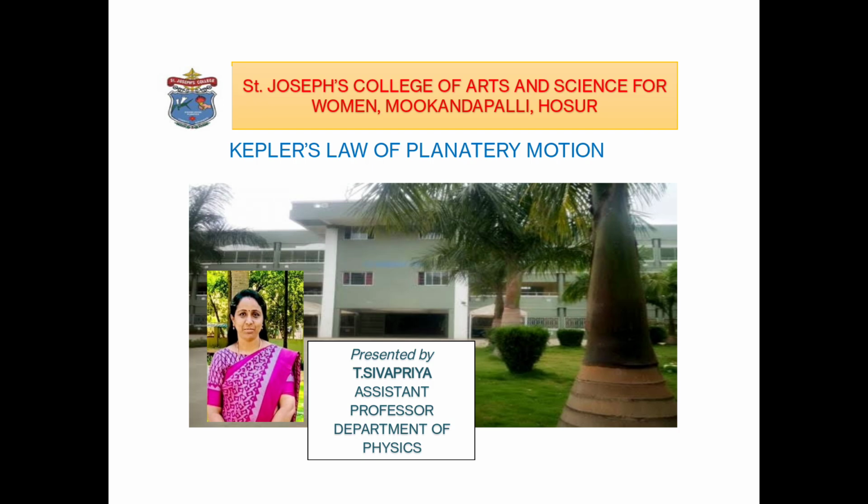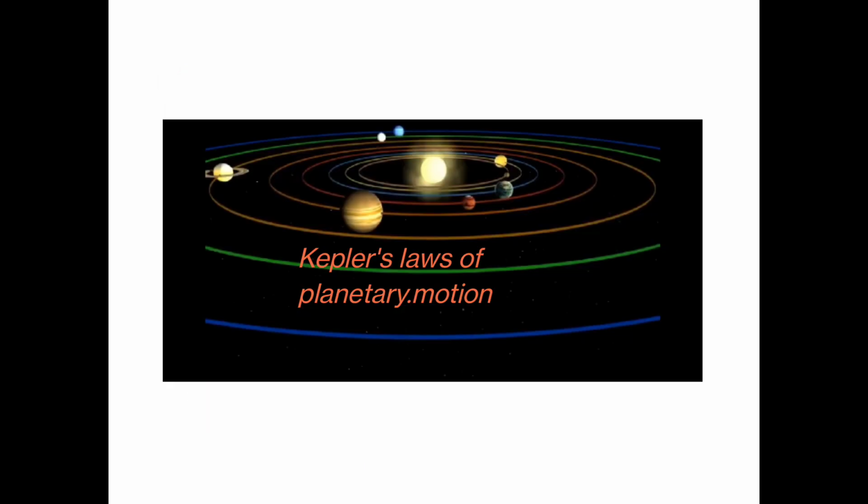In this video, we are going to discuss Kepler's laws of planetary motion. In astronomy, Kepler's laws of planetary motion describe the motions of the planets in the solar system.